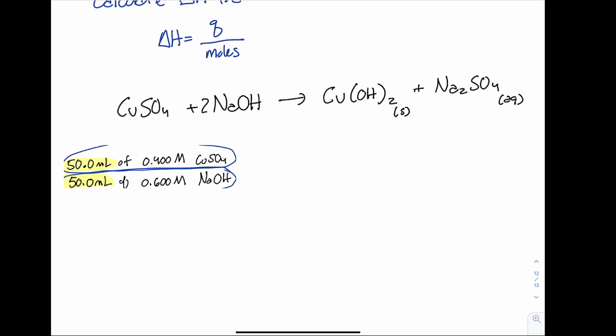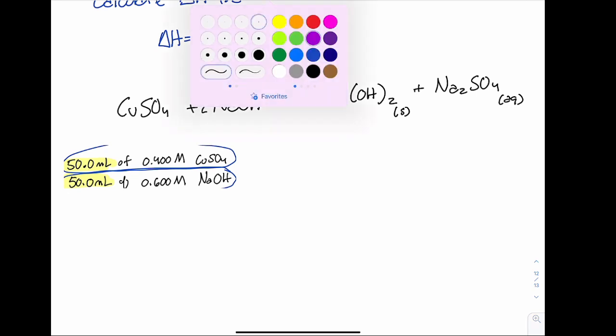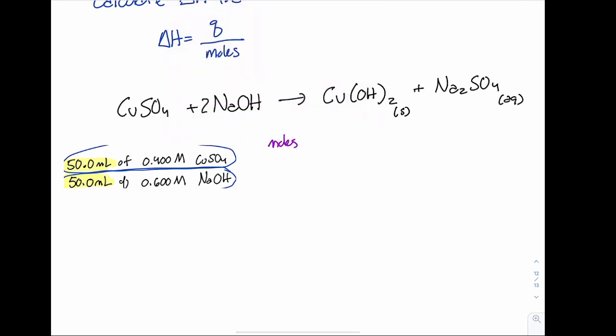So I do have 50 milliliters of a 0.4 molar solution. Remember that molarity is moles per liter. So if I change that volume to liters and multiply it by my molarity, that'll give me moles, right? So moles of copper 2 sulfate, right? I'm going to take 0.0500 liters, right?